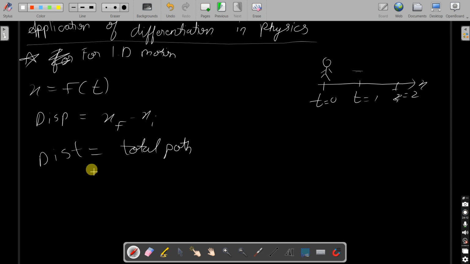Now, thing to remember is the total displacement, the mod of it, because displacement can be negative, can be positive, can be zero, will always be less than or equal to total distance.